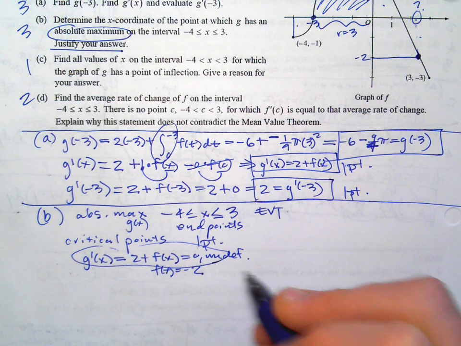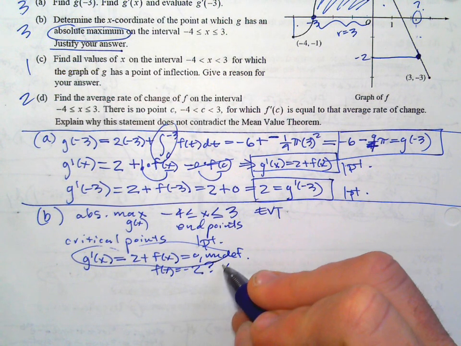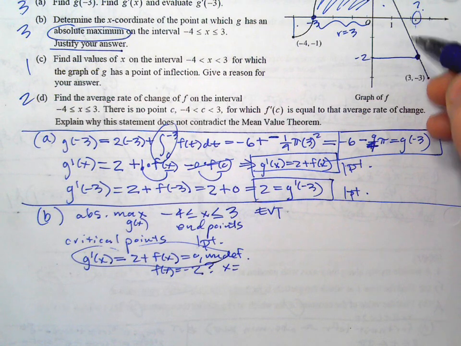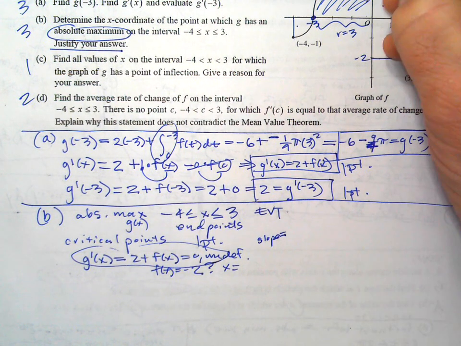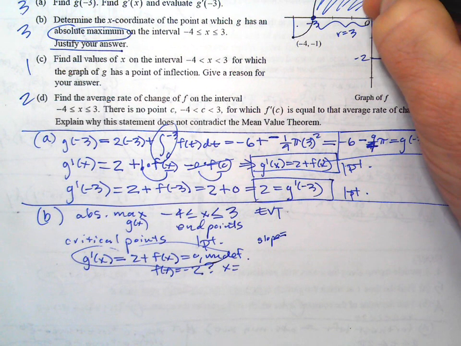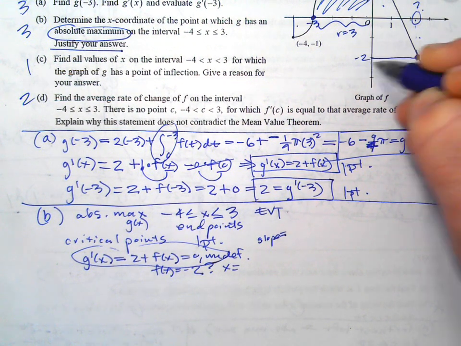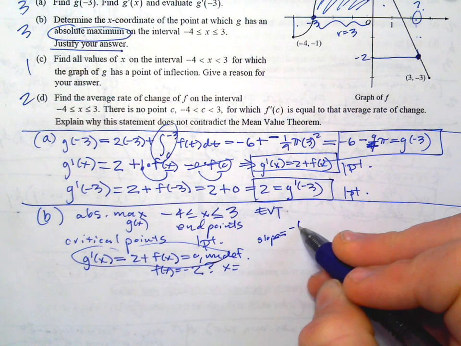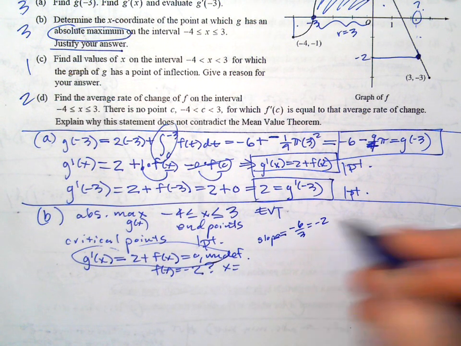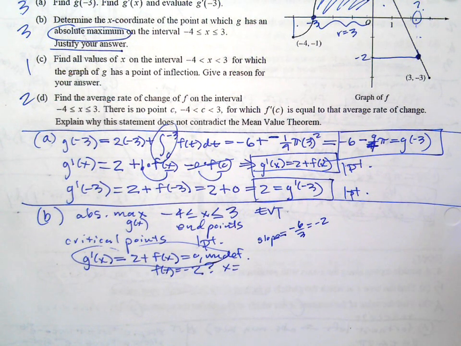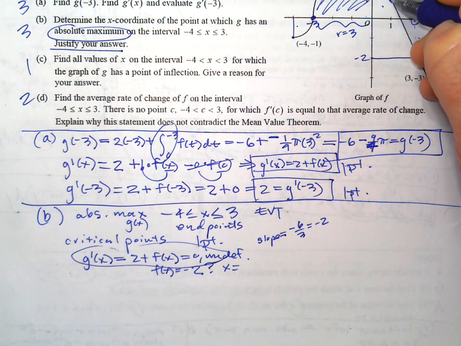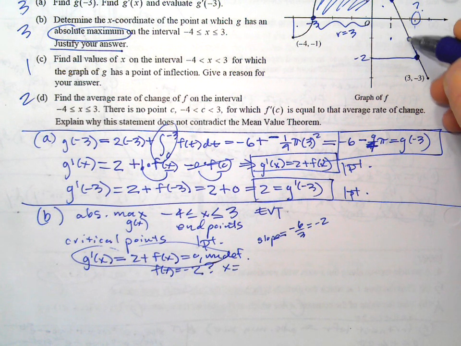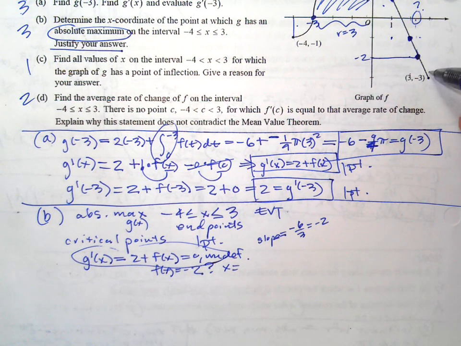So the slope equals down, this is 3, this is 0, 3, right? Down 6 over 3. Down 6 over 3 is -2, right? And so then we're going down 2 over 1, but we're only going down 1, so we got to go over 1/2.